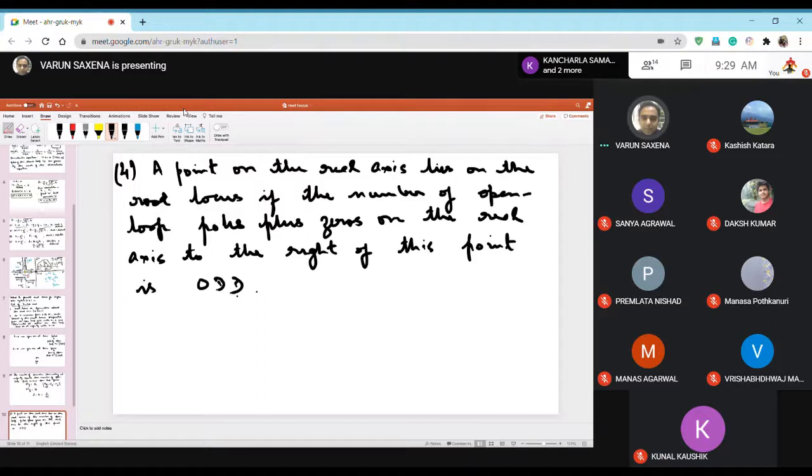I repeat again, a point on the real axis lies on the root locus. So we are basically trying to find out whether a certain point on the real axis will lie on the root locus or not. To test that, we do the following: if the number of open loop poles plus zeros on the real axis to the right of this point is odd, that is how we judge it.